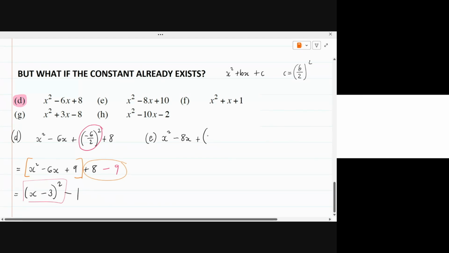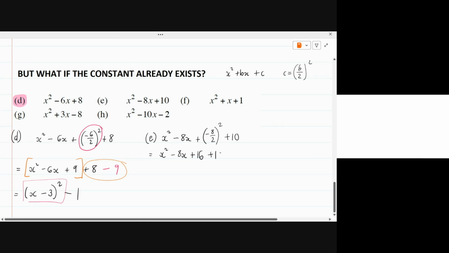Negative 8 divided by 2 all squared, but that plus 10 must come with us. Now, let's clean it up. I'm going to get x squared minus 8x, and over here, negative 8 divided by 2 will give me negative 4, all squared will be plus 16.